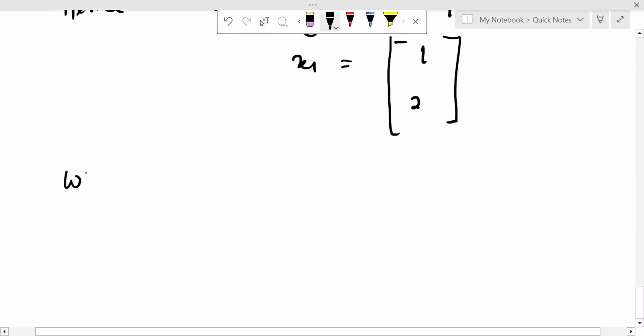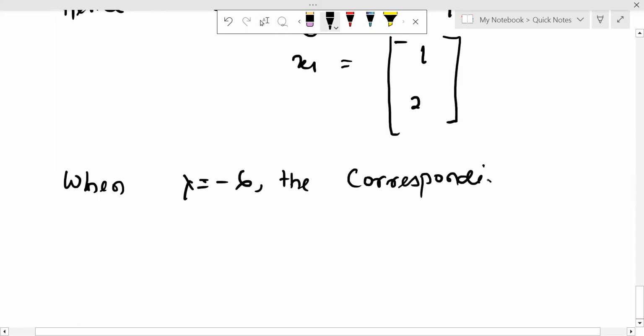Hence, when lambda is equal to -6, the corresponding eigenvector.